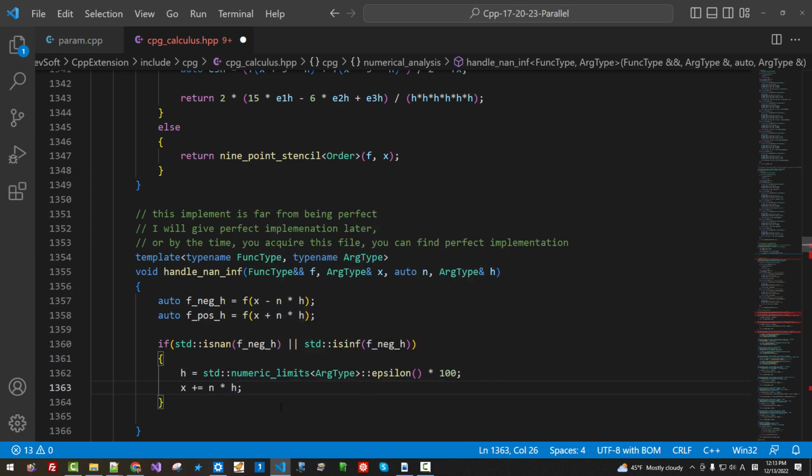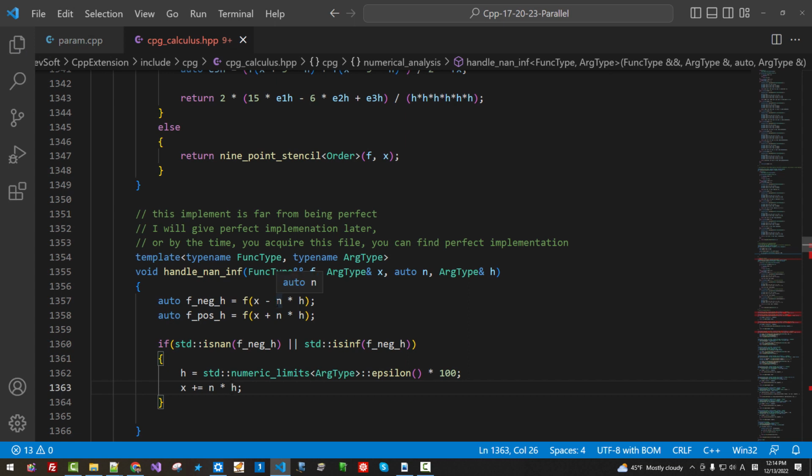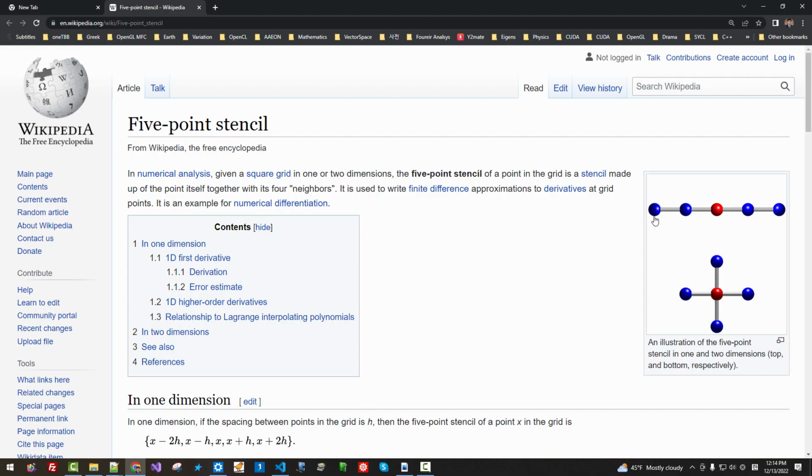Okay, in this case I will explain. If our function at this point, this point is x minus n times h, because h is always positive. This point represents the leftmost point.